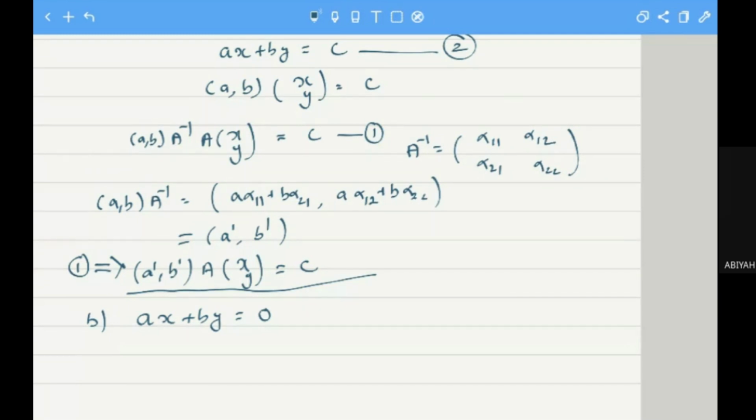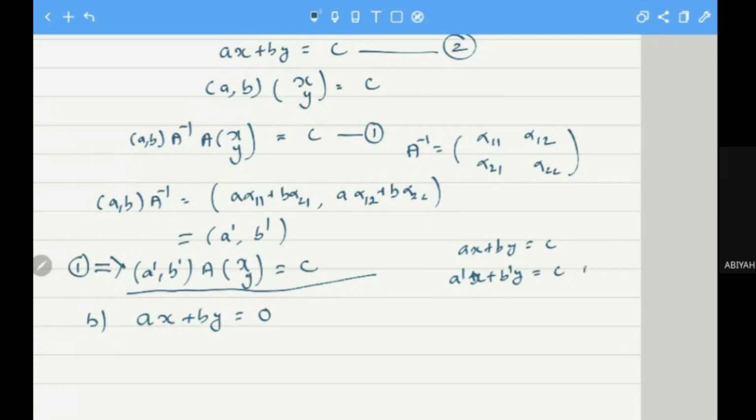The image of the line x, y having the property ax plus by equal to C is nothing but A prime x plus B prime y equal to C, right?